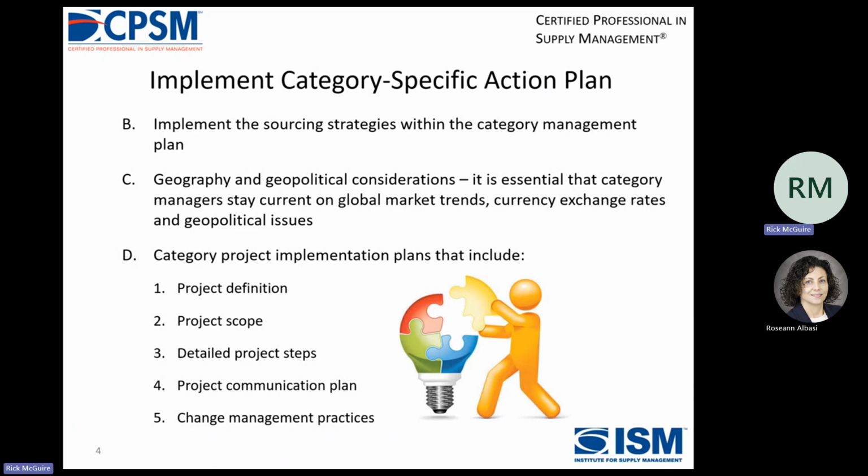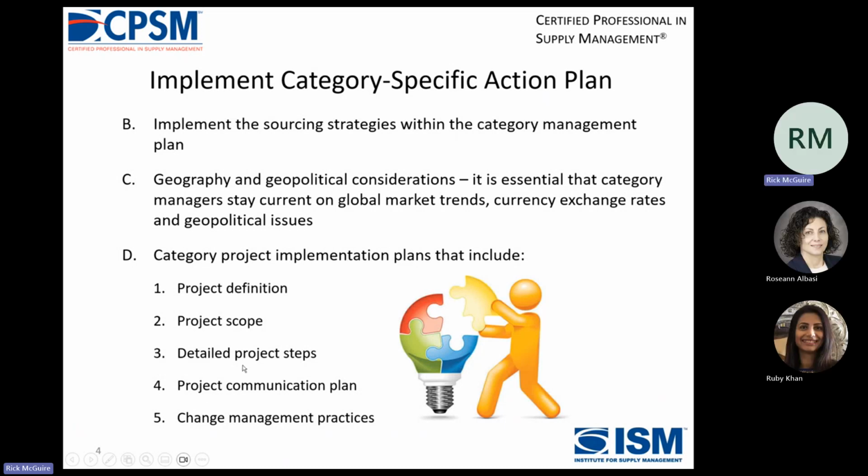Geographic and geopolitical considerations. You've got to stay current on global events. If you're sourcing from overseas, currency exchange rates, don't really worry about those here at PACCAR. That's Treasury's job. And then category project implementation plans will include things like project definition, scope, detailed project steps, communication plan, change management practices.